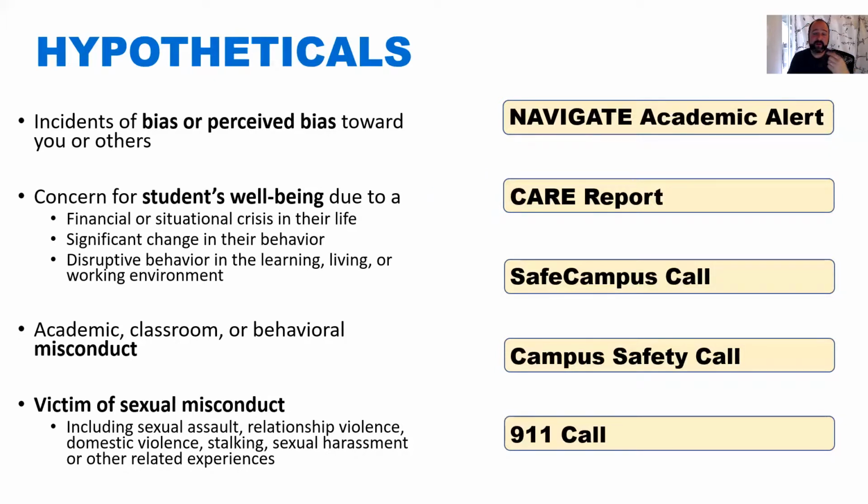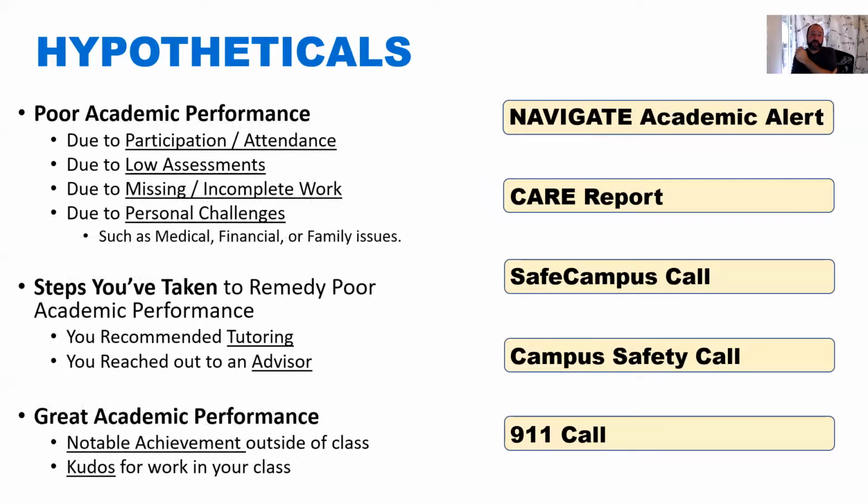Navigate is where you are trying to get the advisors involved, right? So Navigate is when there's poor academic performance or great academic performance, and the steps you've taken based on those either poor or great academic performance, right? So for poorer performance, things like participation or low grades, or they're missing work, or personal challenges that are affecting their academics, right?